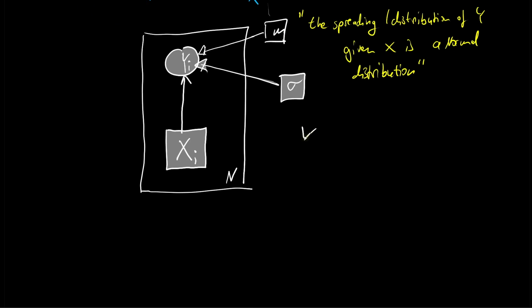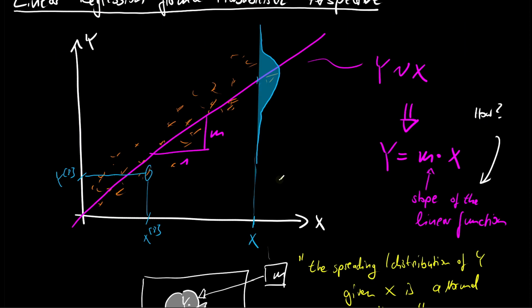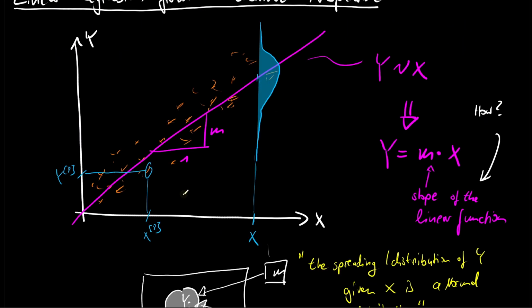And then we can say that yi is distributed according to a normal distribution over yi with the mu given by m times xi and the sigma or the standard deviation or variance, if you want to square it, which is also here. And that's the key part here, that the mu position is based on x. So when we are at a different x position, so let me also indicate that here.